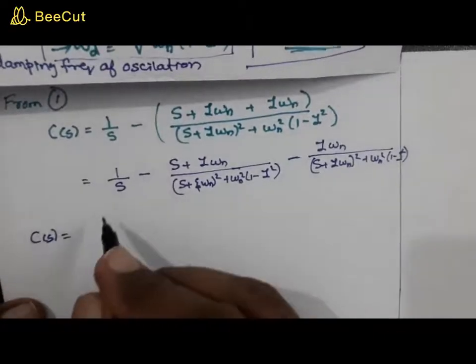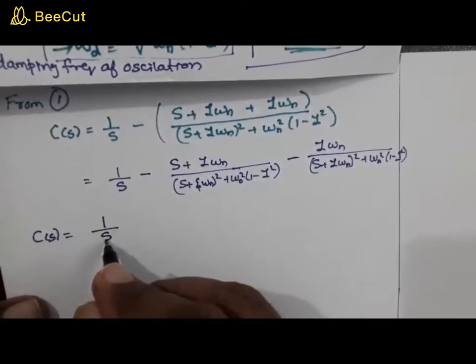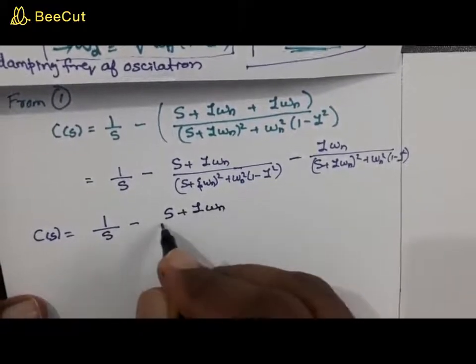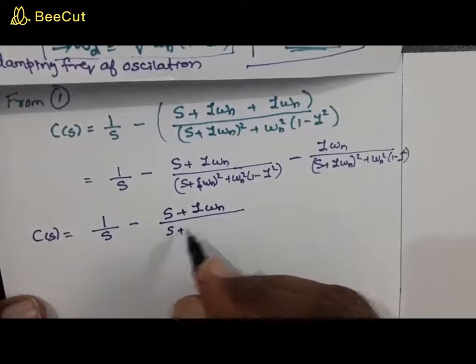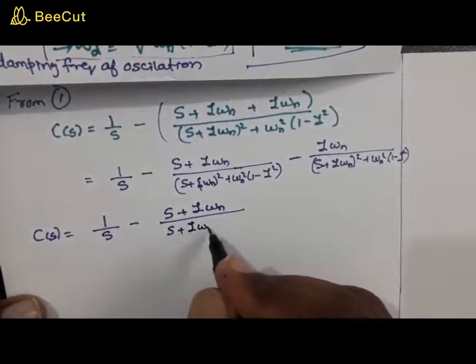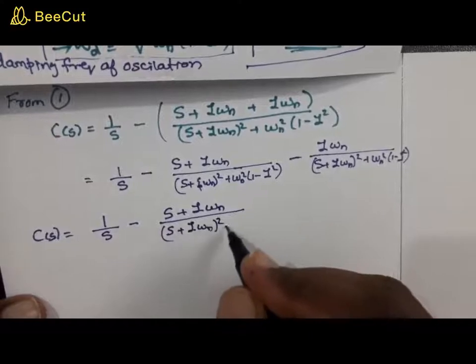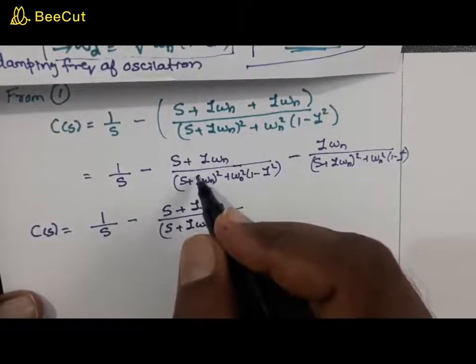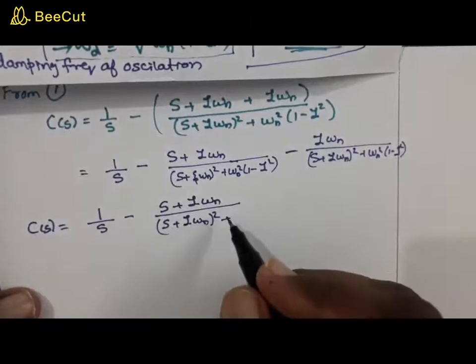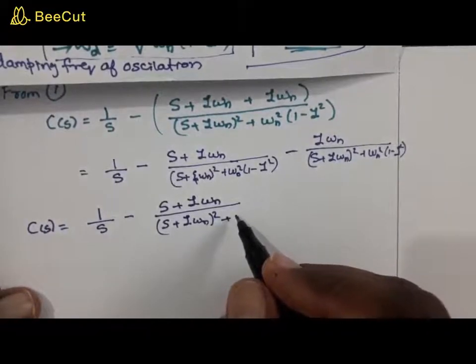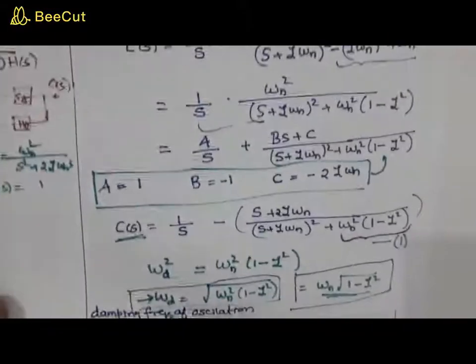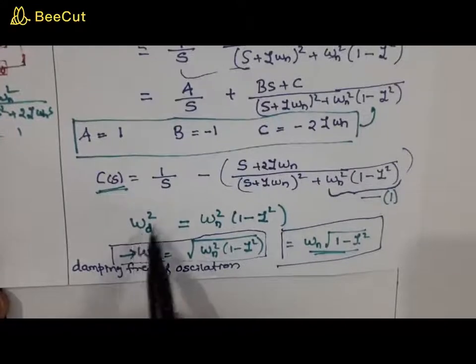Now look at this. So c of s can be written as 1 by s minus, I'm going to rewrite it again, (s plus zeta omega n) divided by (s plus zeta omega n the whole square plus omega n square into 1 minus zeta square). You may refer to the textbook, again I repeat, to see the real shape of this. So we have just introduced a term called the damping frequency of oscillation.